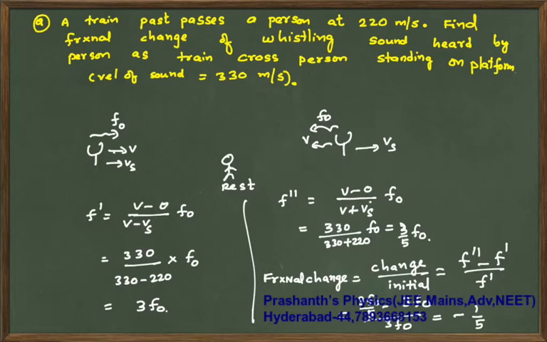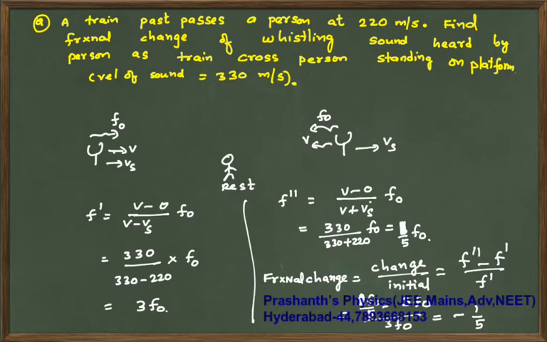So 1 minus 15 by 15. Am I correct? How much are you getting? Simplifying, sorry, this is 1 by 5, not 3 by 5. So 1f naught by 5 minus 3f naught by 5, I suppose. Am I correct? Hope so.